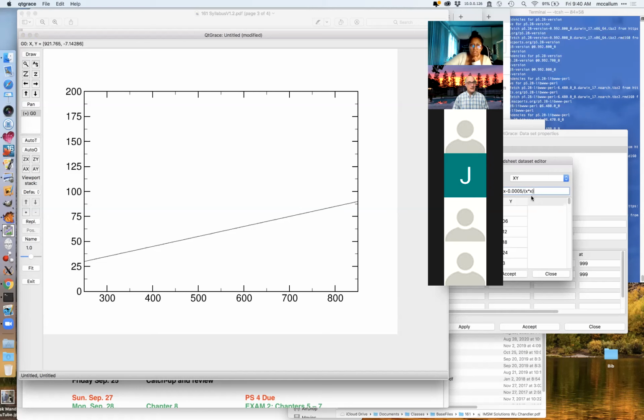I've done this at least twice when I was an undergraduate, just kind of as a proof of concept. So that's all. That's how you would do it, and it's a good skill to have, just to add data sets. What if you want to add a data set within Grace? You can do it that way. Okay.